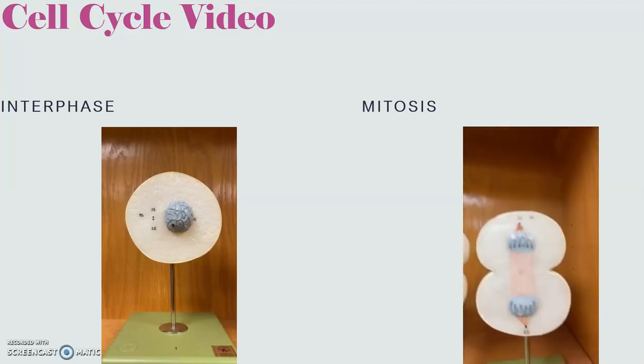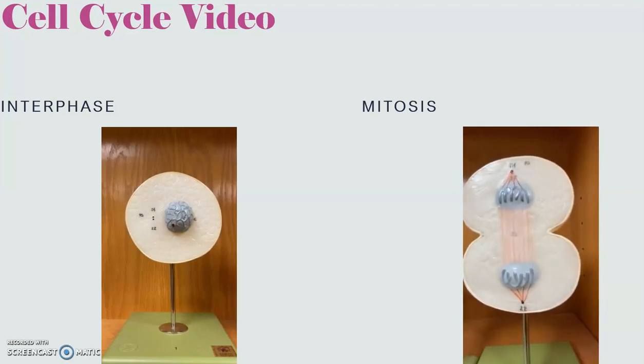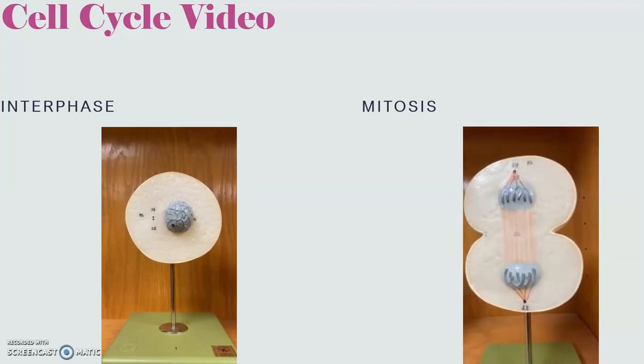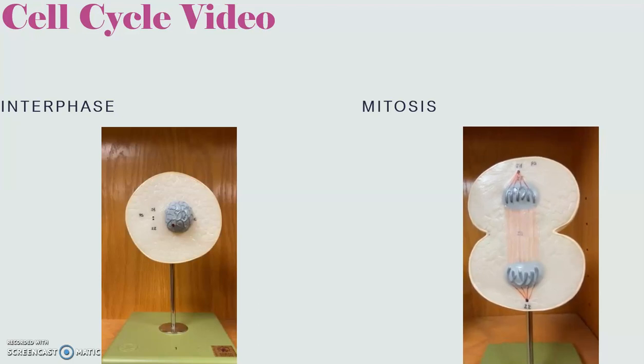That progresses then into telophase, and telophase is going to be the direct opposite of what happened in prophase. So our mitotic spindle is going to start to disappear.